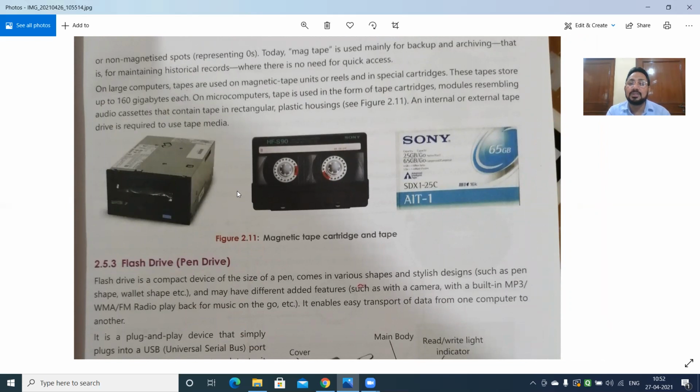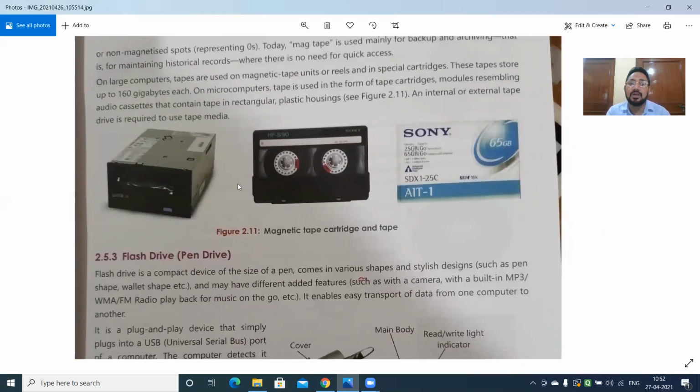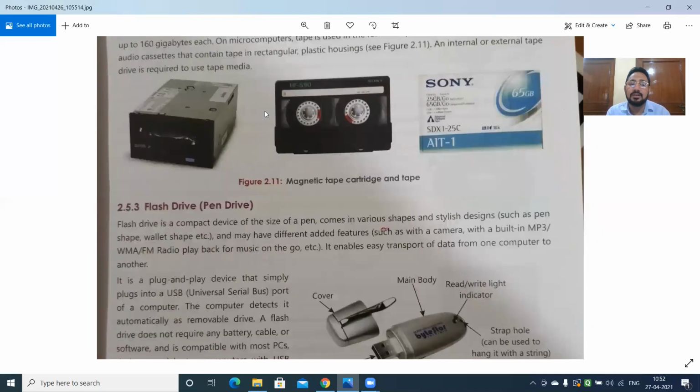On microcomputers, tape is used in the form of tape cartridges, modules resembling audio cassettes that contain tape in a rectangular plastic housing, but actually this works in a sequence. It goes in a sequence one by one. When you open it, you will get a long strip of tape. An internal or external tape drive is required to use tape media.